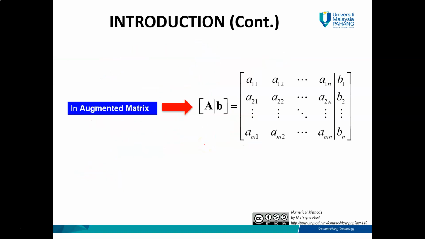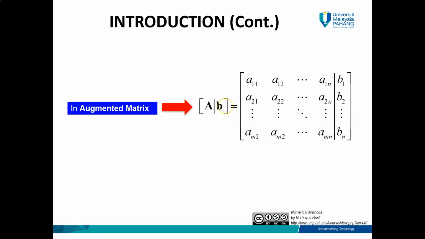So class, another way of writing our system is to use an augmented matrix. What does augmented matrix mean? In an augmented matrix, we only write matrix A and vector B, and there is no vector X in this case.